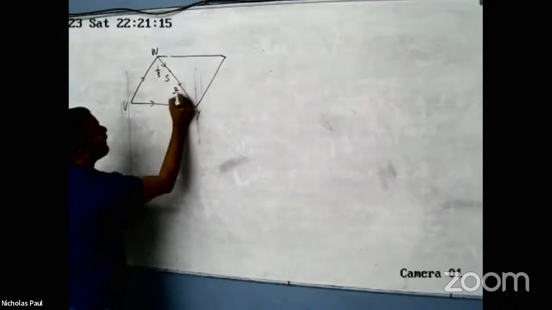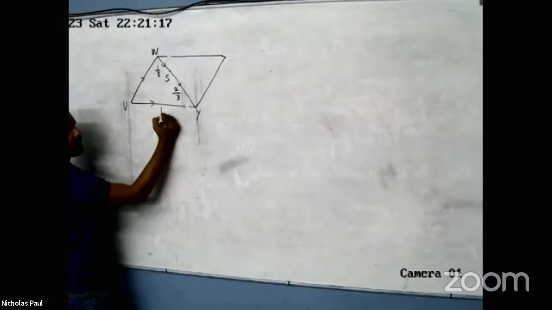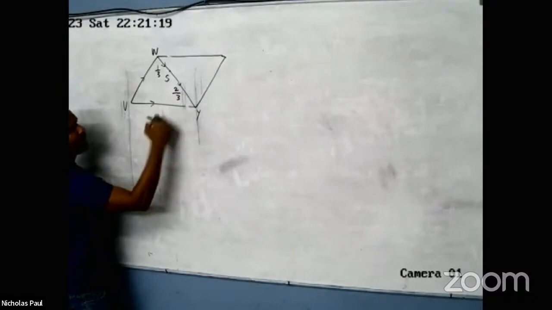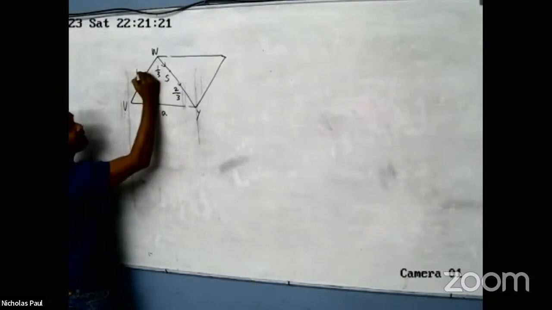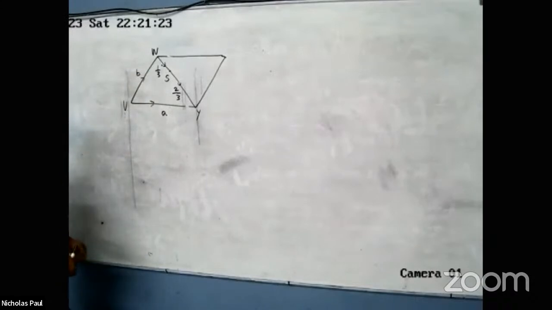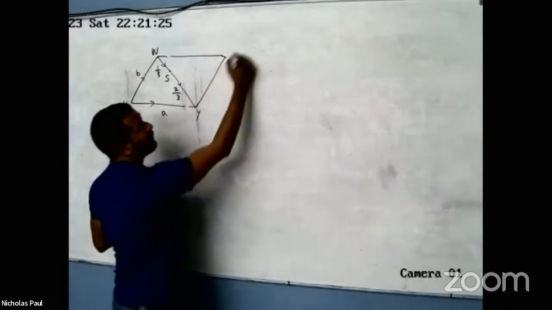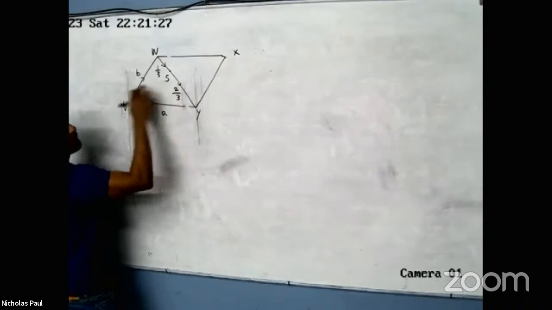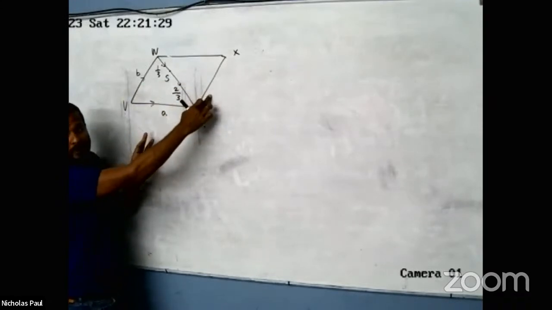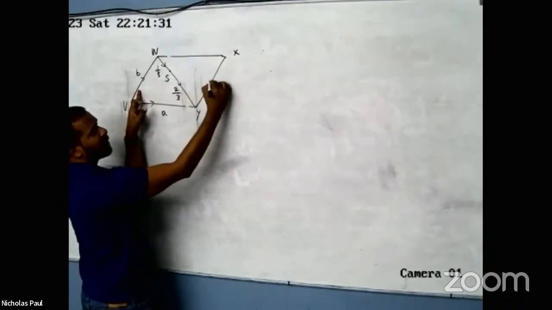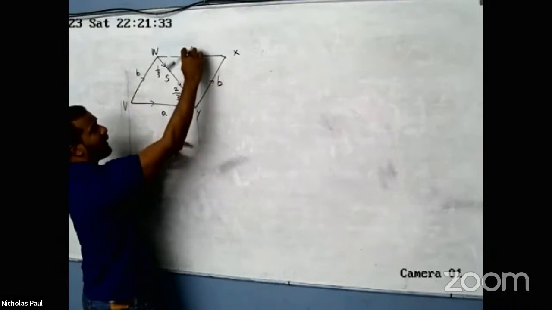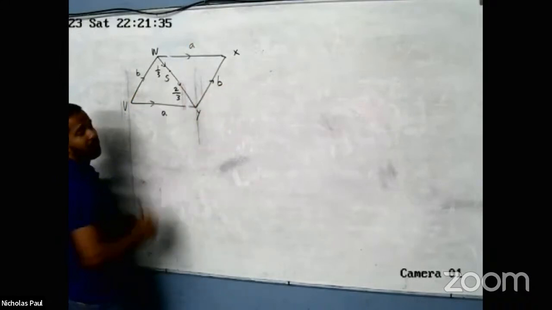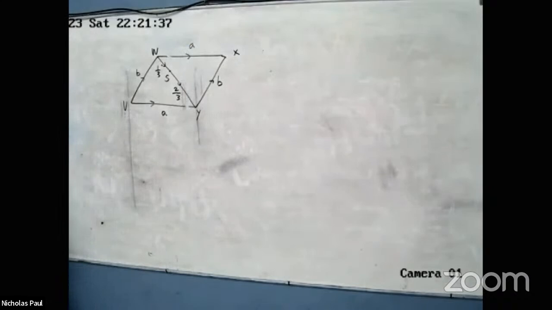Nice. And here was what? B or A? Here was A, and here's B. And X here. All right. Remember that these two lines are parallel. It's a parallelogram, right? So these two lines are parallel and equal.